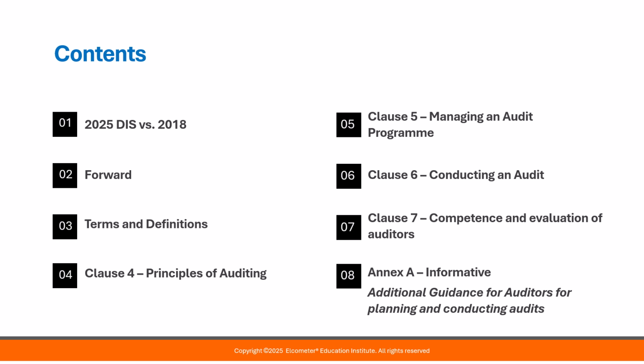Again, the final voting on this DIS is scheduled for June of 2025. This webinar will point to some of the expected changes to the ISO 19011-2025 standard as noted in the DIS or the draft. This will help your organization prepare to implement the upcoming changes.